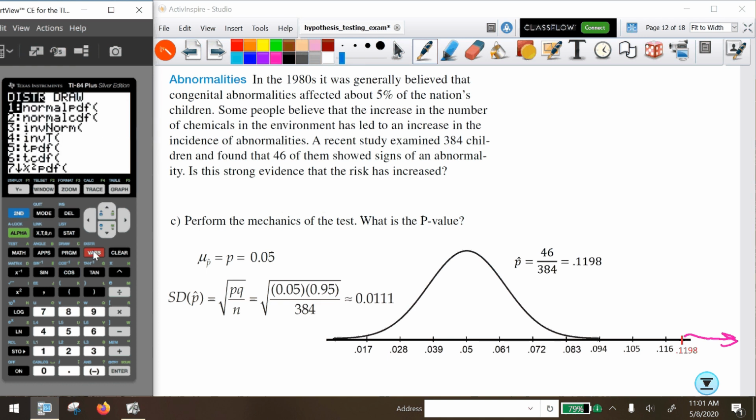Second vars, normal cumulative distribution function. I'm going to set my lower limit at 0.1198. I'm going to set my upper limit at infinity, and my mean at the mean of this probability model, 5%, and the standard deviation was 0.0111.